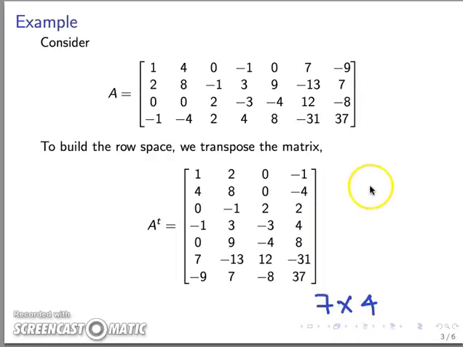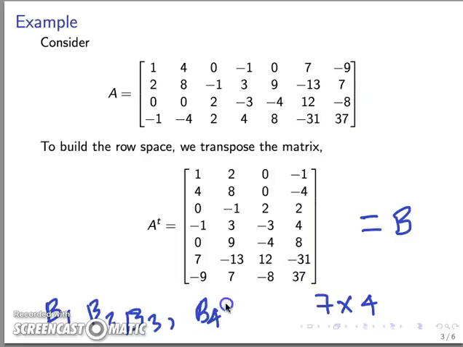This is what I was calling B on the previous slide. So here there would be columns B1, B2, B3, and B4, a set of columns. And we're interested in the span of this set of columns. A very common question would be, come up with a subset of that set of columns that is linearly independent and also spanning.